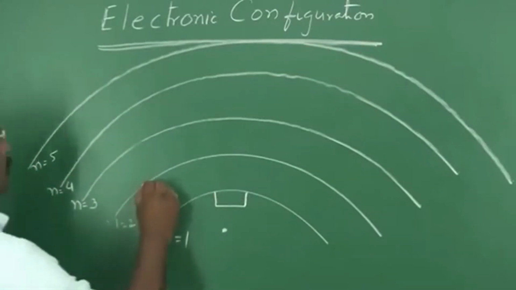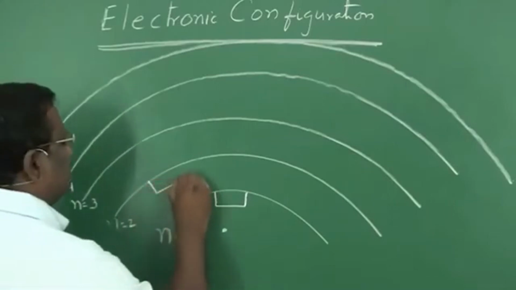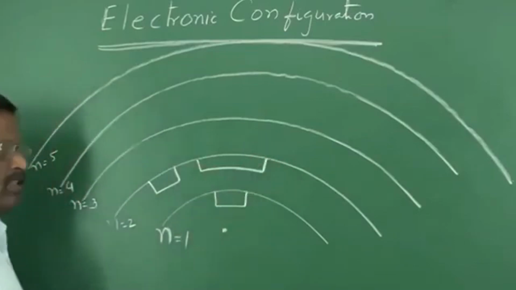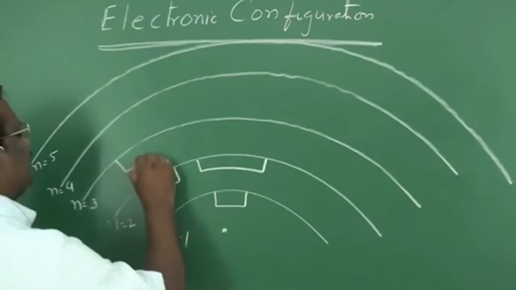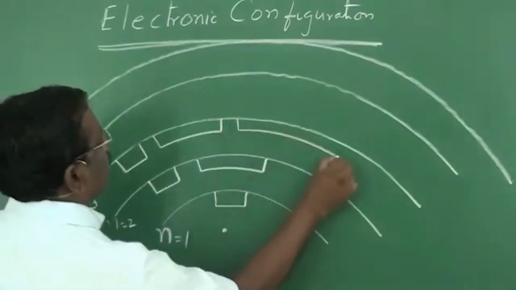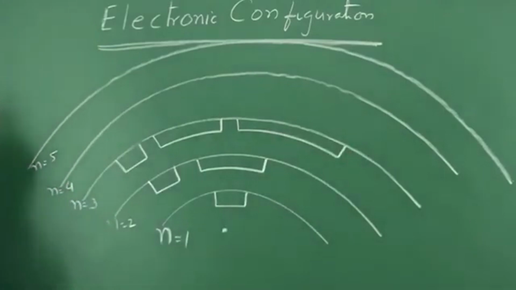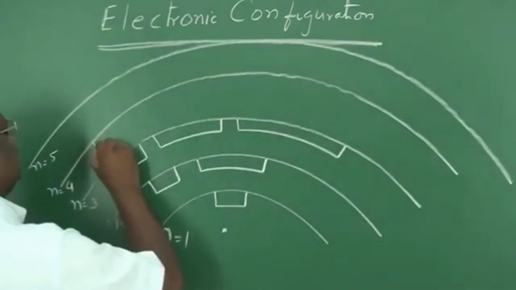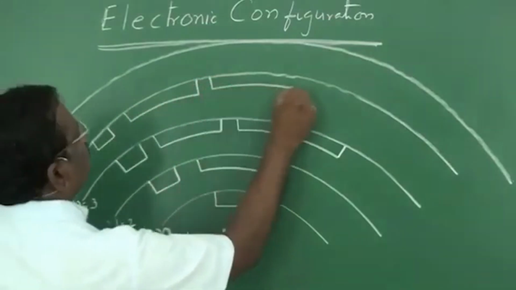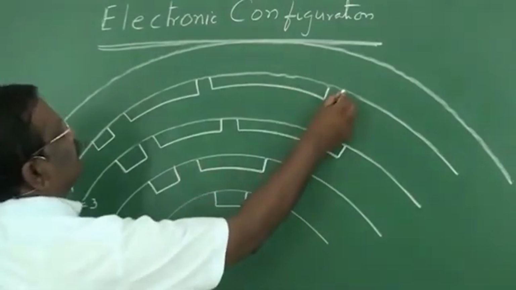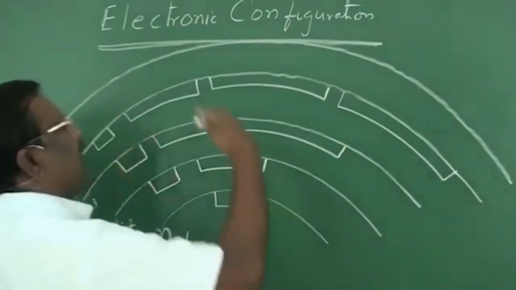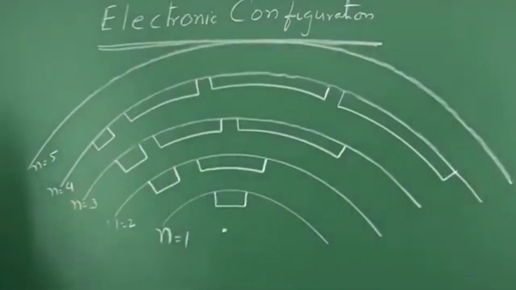For n equal to 2, we have two sub-energy levels. For n equal to 3, three. For n equal to 4, four. For n equal to 5, five, and so on.